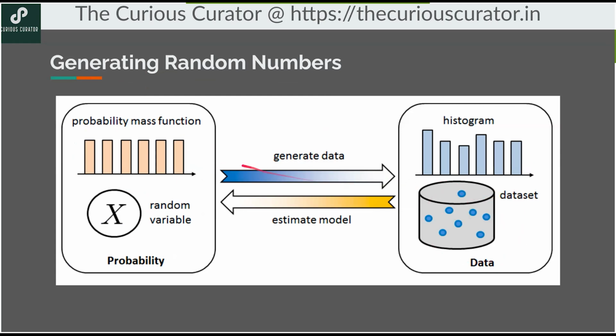So that's one path: you have a generative process where from a model, given the parameters, you can generate data. Then there's a reverse process of estimation, that given your data set, you can do estimation and find the parameters of the model. And it feels like Bayes rule, right?